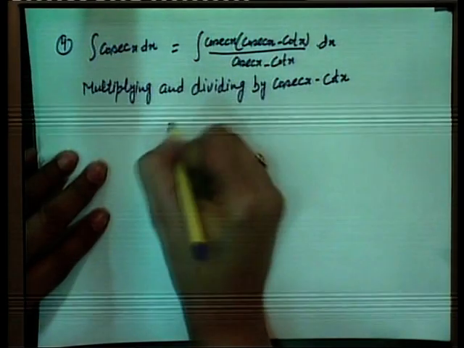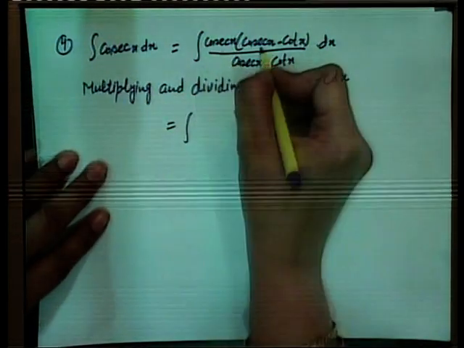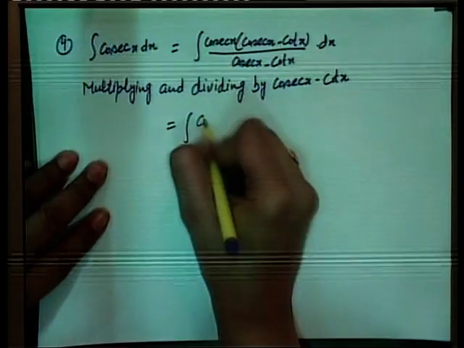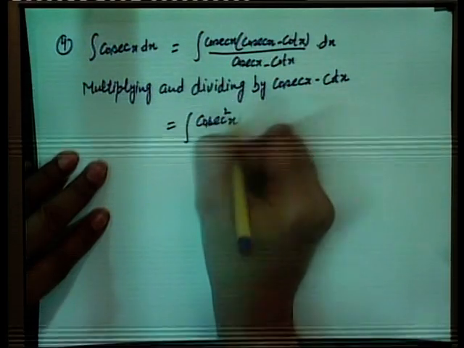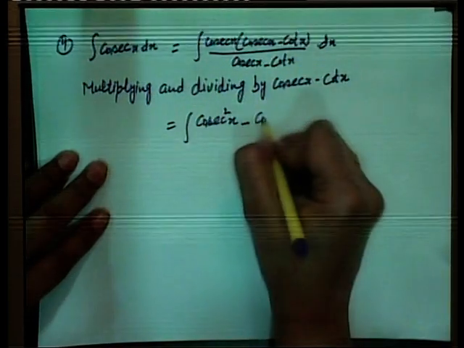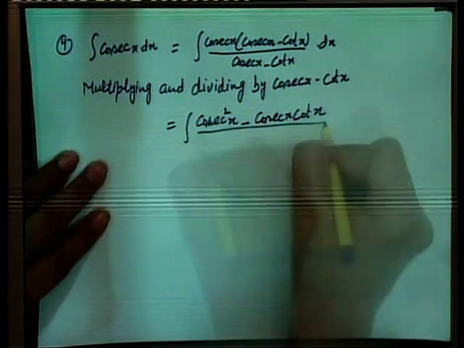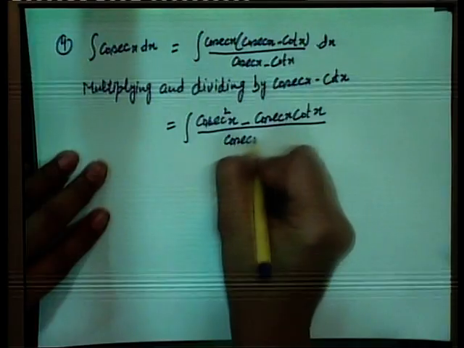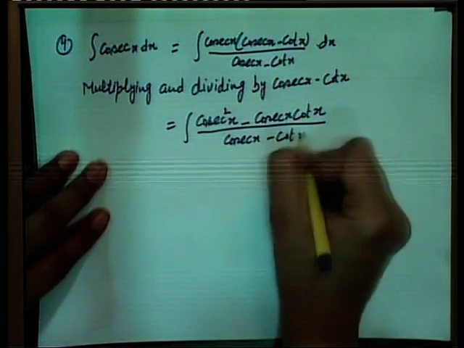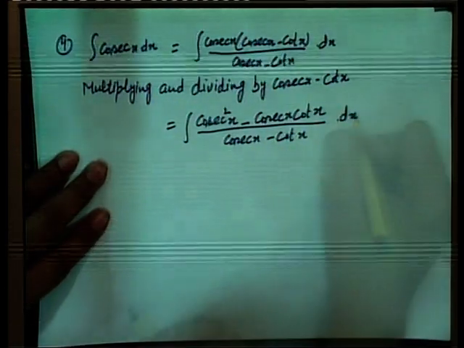Now, in the numerator it becomes cosecant x into cosecant x as cosecant square x minus cosecant x into cotangent x, and in the denominator we have the function cosecant x minus cotangent x into dx.